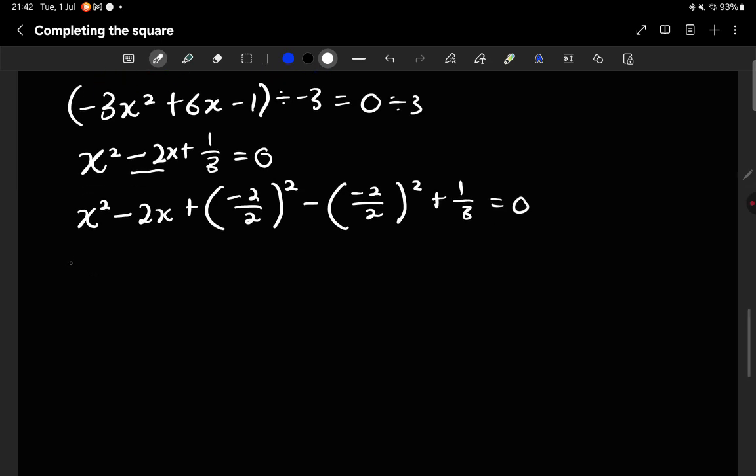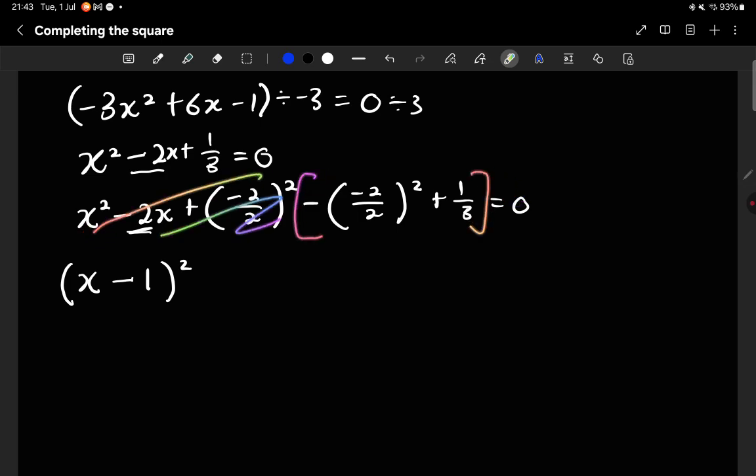Just like before, draw the bracket, write the x, and the next thing is to divide b by 2. Our b is negative 2, and if we divide it by 2 we get negative 1. So in this case we cannot write a plus, it's (x minus 1) squared. That's it. Now we can ignore this part and calculate this part.